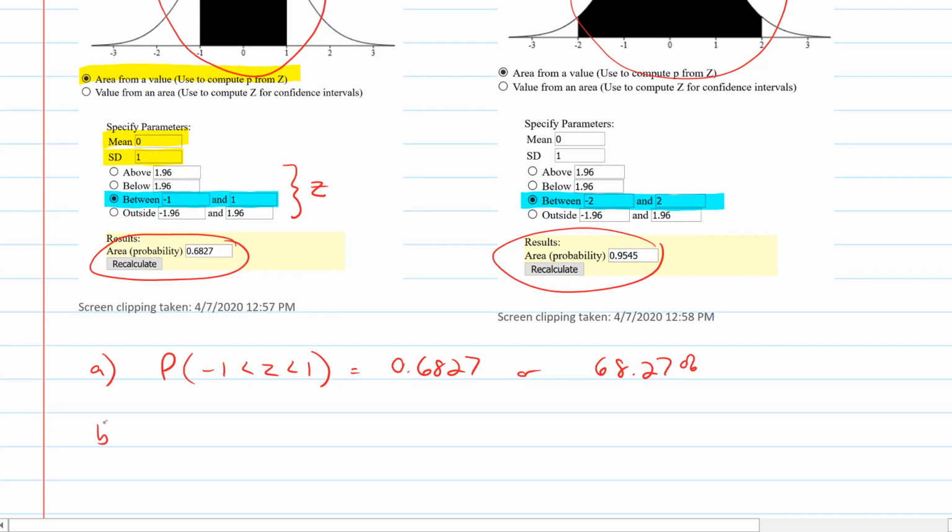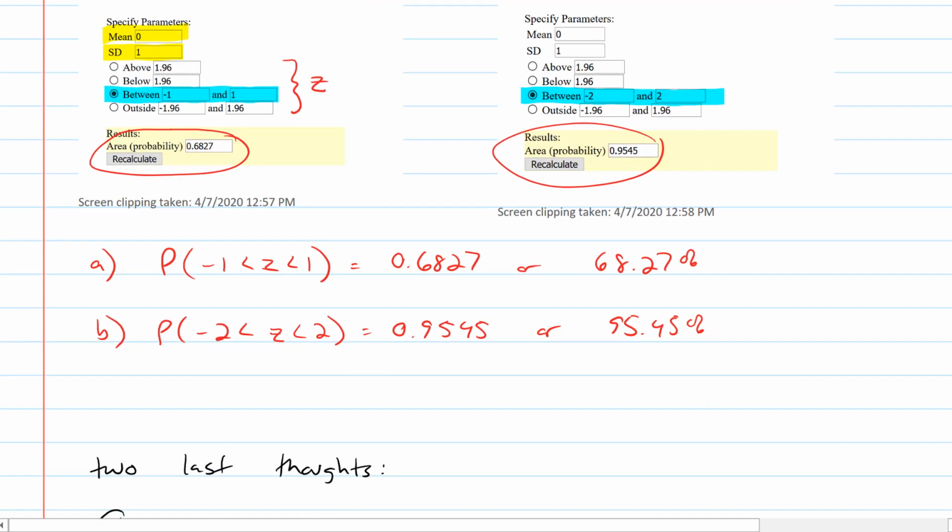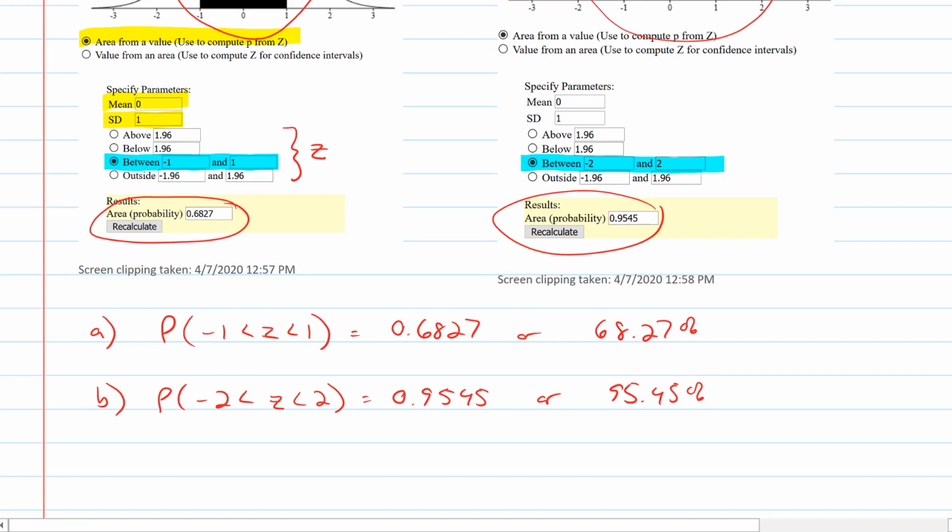And for part B, we've got the probability of being between -2 and 2 standard deviations from the mean is equal to 0.9545 or 95.45%. And for students who are paying attention, oh look, it's the empirical rule.